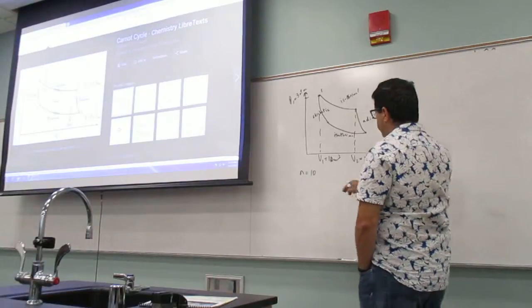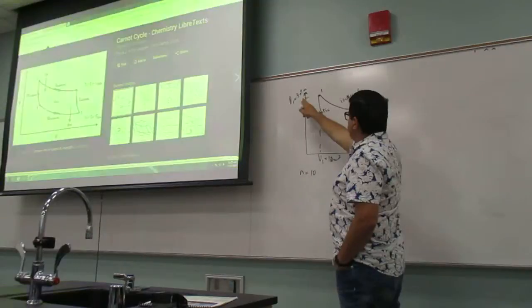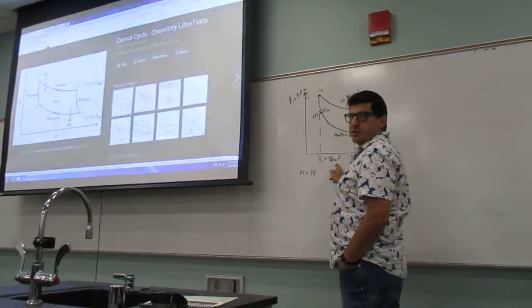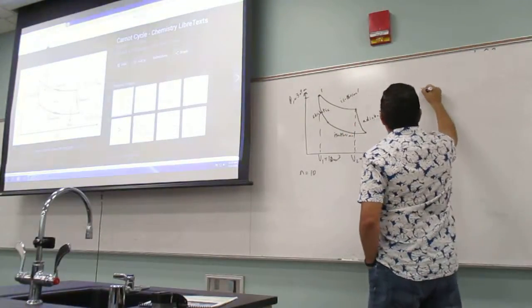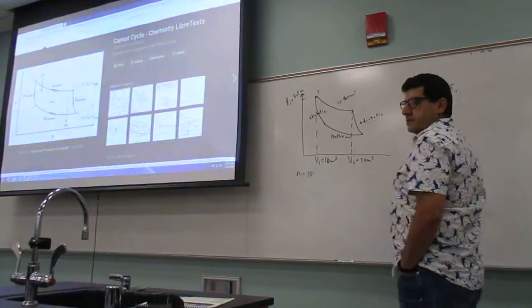So if the number of moles is 10, and we know that it's 3 atmospheres, and we know the initial volume, what can we calculate from that? P1 V1 is nRT1, right?